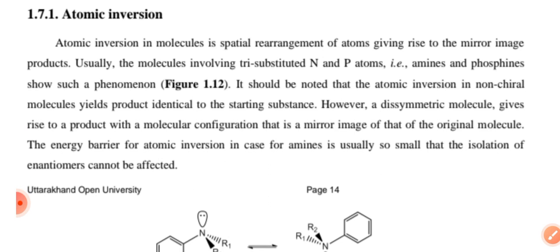1.7.1 Atomic inversion. Atomic inversion is the molecular spatial rearrangement of atoms giving rise to a mirror image product. Usually, molecules involving trisubstituted nitrogen or phosphorus atoms, that is amines and phosphines, show such a phenomenon. Figure 1.12. It should be noted that atomic inversion in a non-chiral molecule yields a product identical to the starting substance.